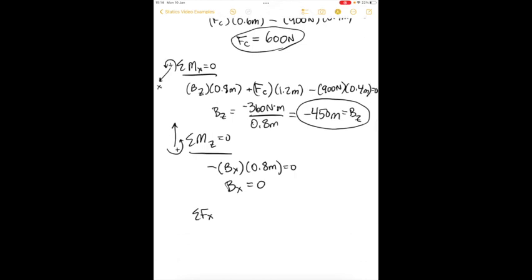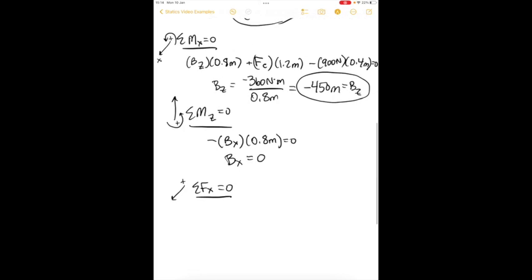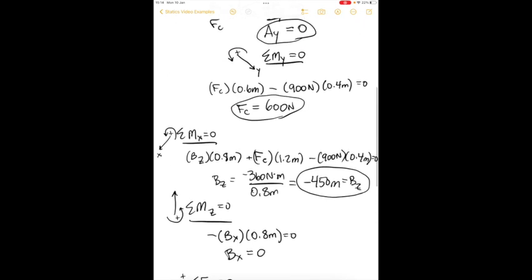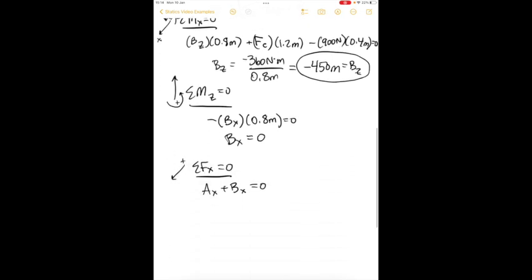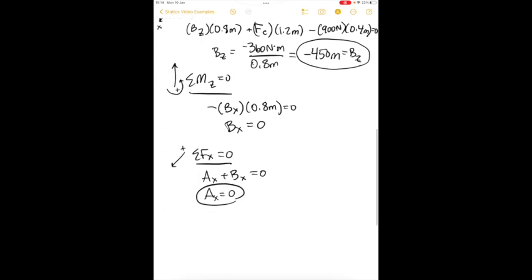Now we can do the sum of the forces in the x direction. And we see that Ax and Bx are the only x forces, and we already found that Bx is equal to 0, so that means that Ax is also equal to 0.